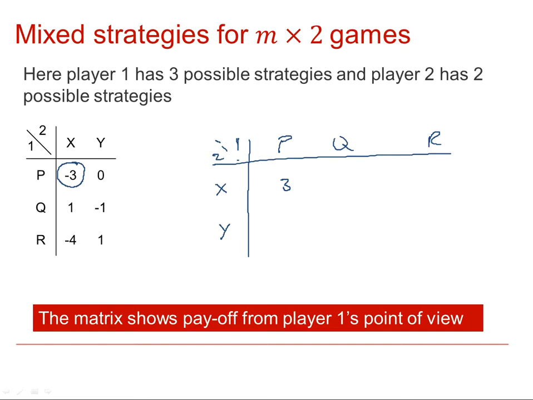So we get 3, and then working down the column here and negating along the row of the transpose matrix, -1 and 4, and then 0, 1 and -1. So we've now turned this into a 2-by-3 game from player 2's point of view.